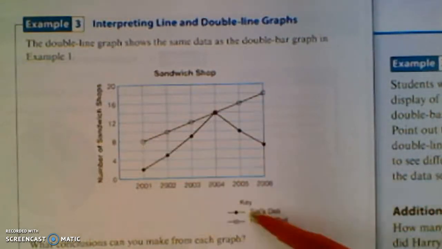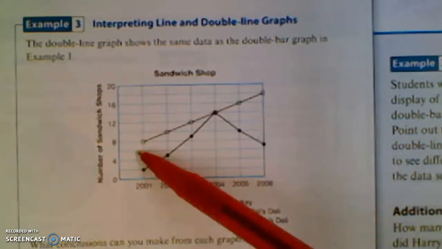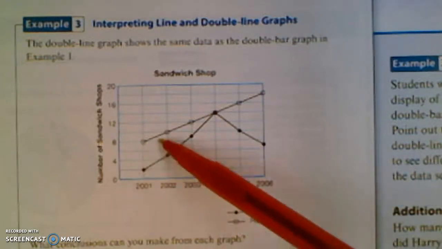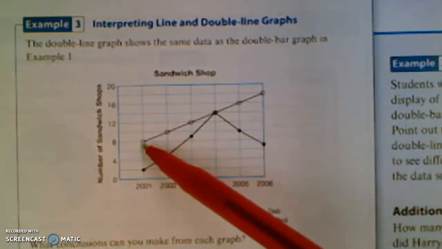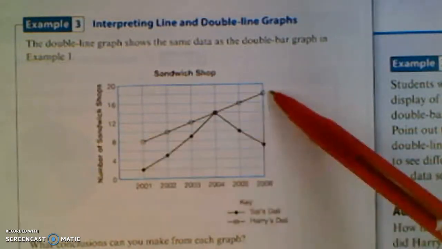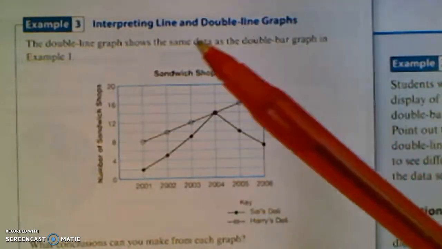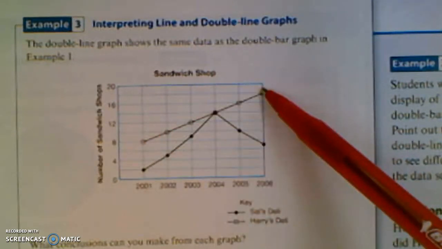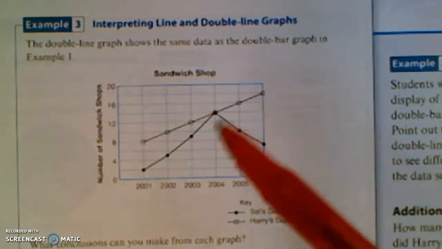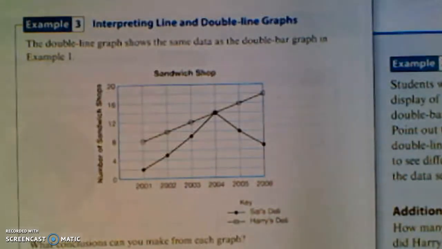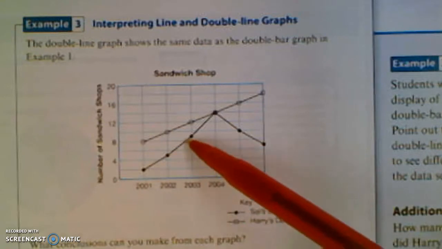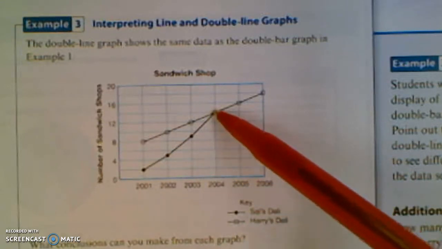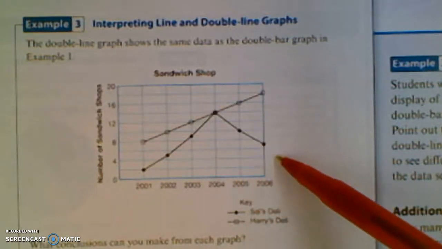First, if you look at the number of shops Harry owns, it grows over time and grows consistently over time. You know, it's a nice straight line there. So consistent growth across the years of 2001 to 2006, as compared to Sal's, who grows from 2001 to 2004 and then begins to decline.